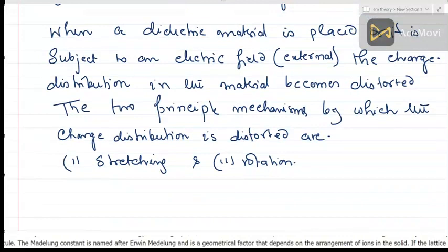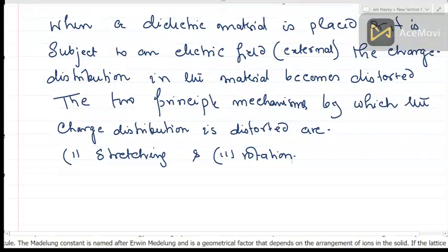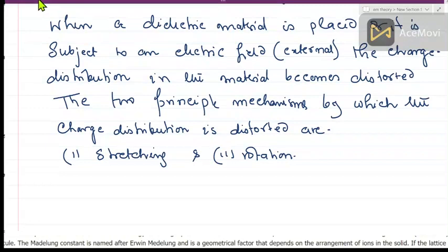Means the charge distribution is either stretched or it is rotated. So there are two kinds of motion occurring, but you have to remember that all these motions are restricted to the atom or the molecule to which the charge is attached.